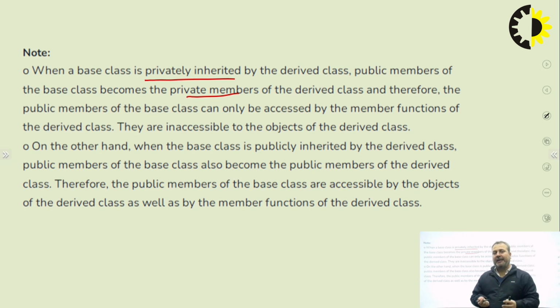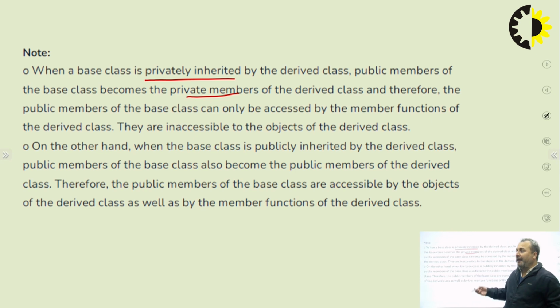Private data of any class can be accessed only by the member function of that class, and that's why data hiding is there. The private data can never be accessed directly by the object of that class, right?